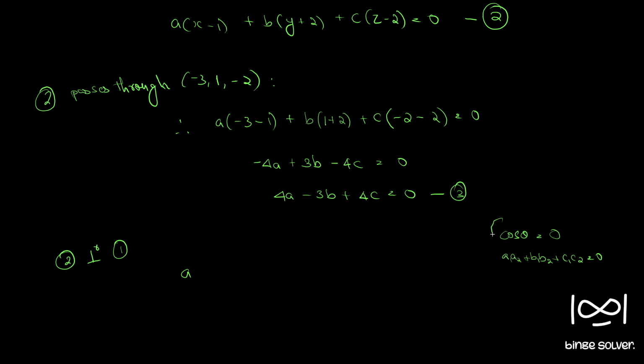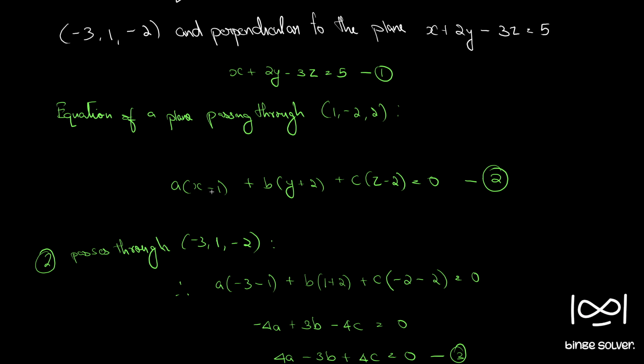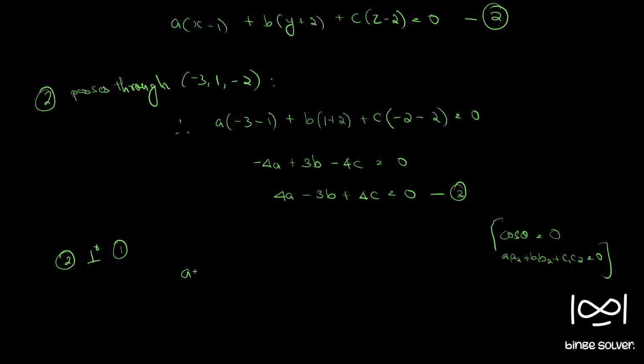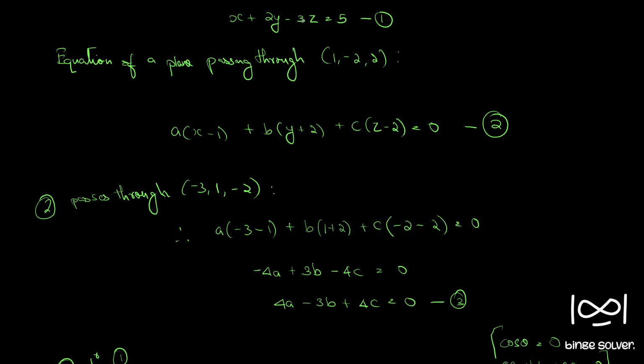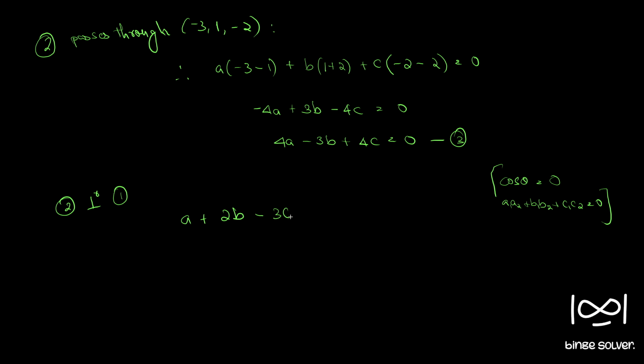We will be using this concept. If you are not familiar with this, please refer to the angle between planes concept, which I have discussed in previous videos. So using that, a into 1, plus 2 into b, 2b, minus 3 into c, minus 3c equal to 0.